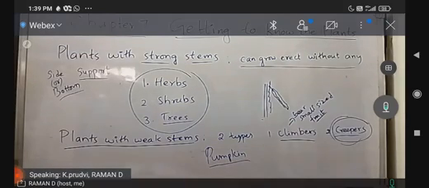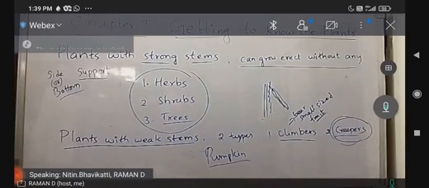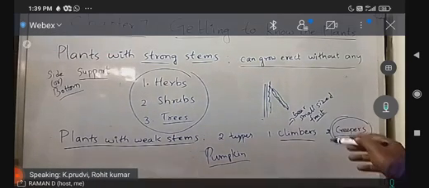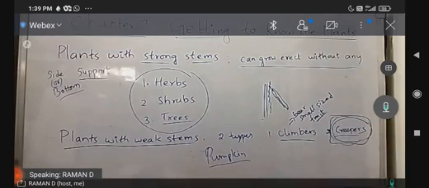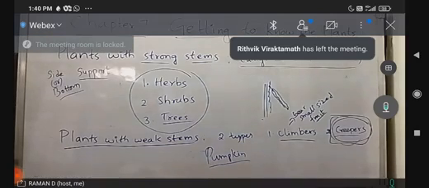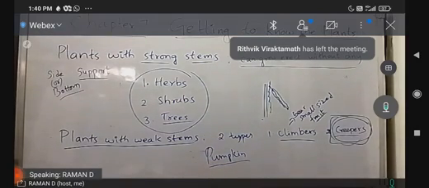Can the plant bear the weight of that pumpkin? Can the plant bear the weight of watermelon? No, not possible. So remember one thing: most of the creepers bear large sized fruits, and most of the climbers bear small sized fruits. As climbers bear small sized fruits, they can grow erect with the side support.